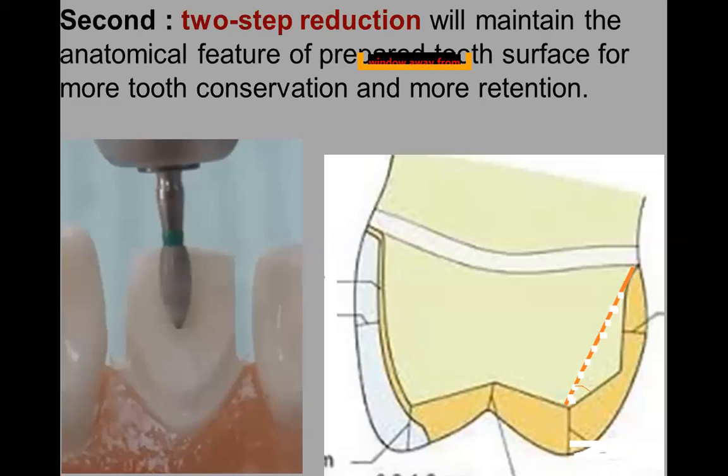This will give me more retention and preservation of the tooth structure. In the left picture, you see that on the lingual surface of the anterior teeth, in the cingulum area, we can do the same procedure to gain more retention and preserve the lingual surface of the anterior teeth.